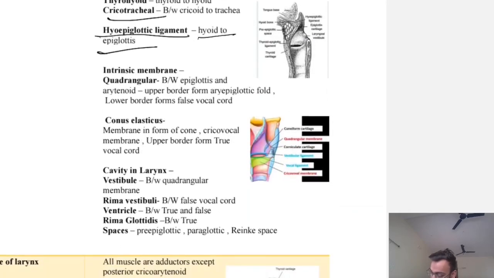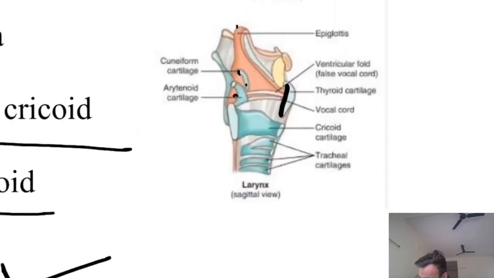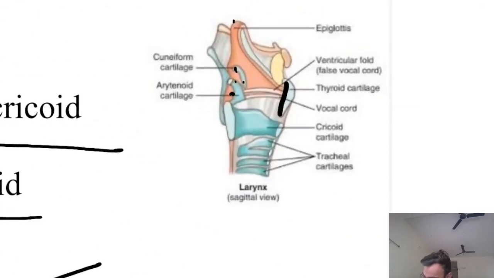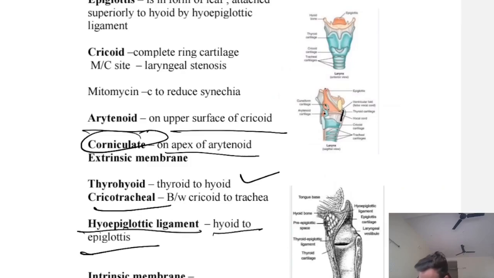now the hyoepiglottic ligament, hyoid to epiglottis. Okay, now we have intrinsic membrane. So intrinsic membrane is quadrangular membrane and conus elasticus. So what is quadrangular? Between the epiglottis and arytenoid. Okay, so you can see this is the inside of larynx and this is arytenoid and this is epiglottis.